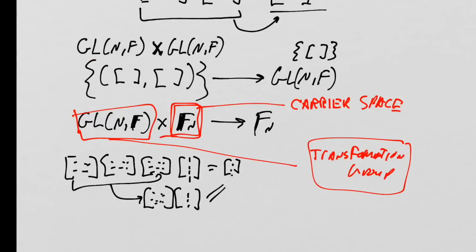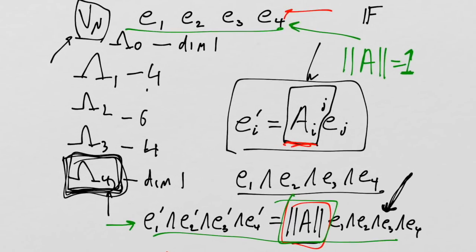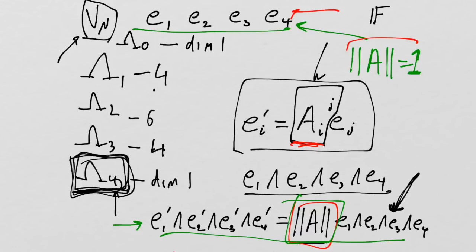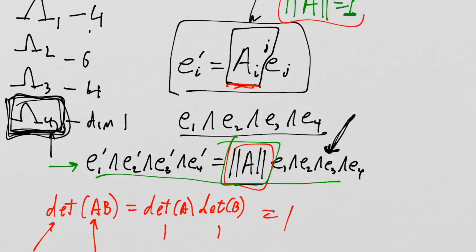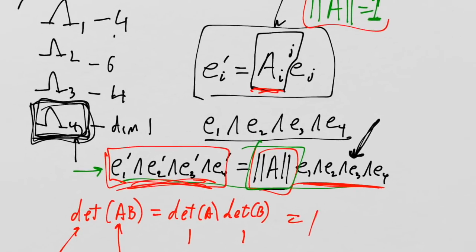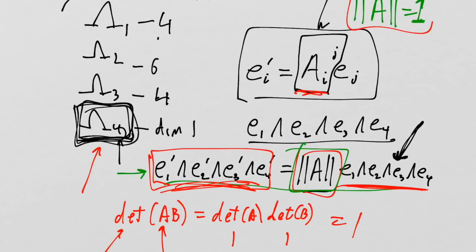And so that's a perfect example of how we pick a special transformation, a transformation that has determinant 1. We're motivated not because we arbitrarily want the determinant to be 1, but we're motivated by the fact that we don't want the volume element to change. We want it so that E primes equal E's, and that this basis vector, the basis vector that finds itself driving the construction of the fourth exterior power, we want that basis vector to be unchanged.